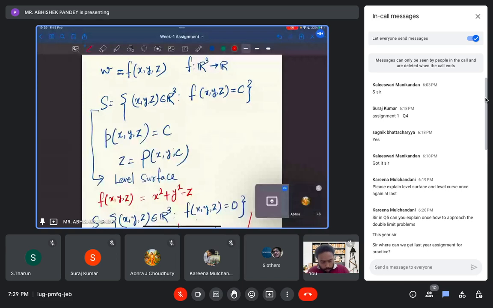So once you have this, you now have a function in two variables and can draw the graph. You can draw this graph in 3D. Such kinds of things are known as level surfaces. Is it clear now?